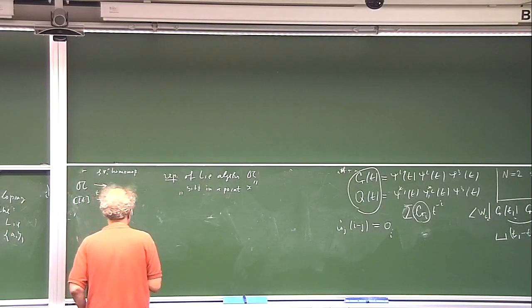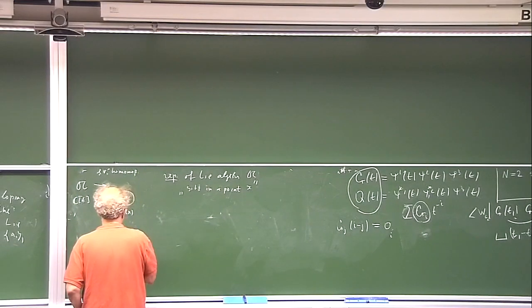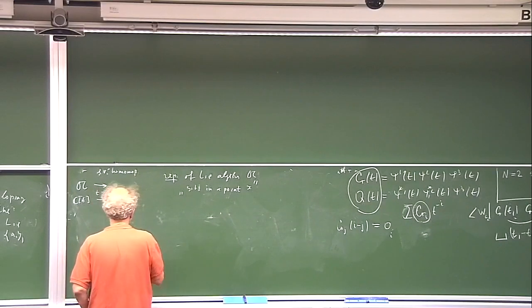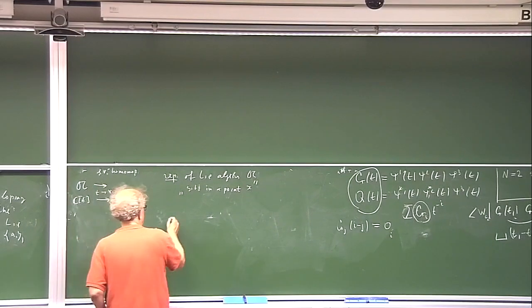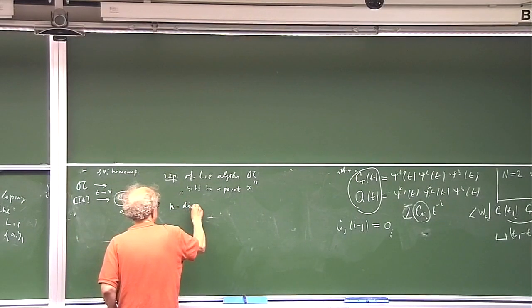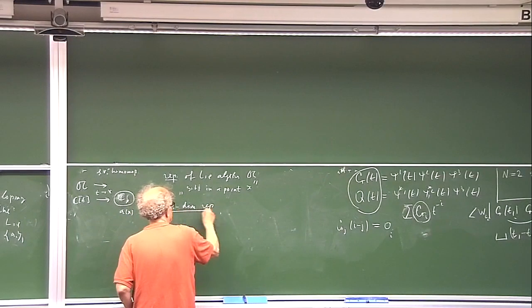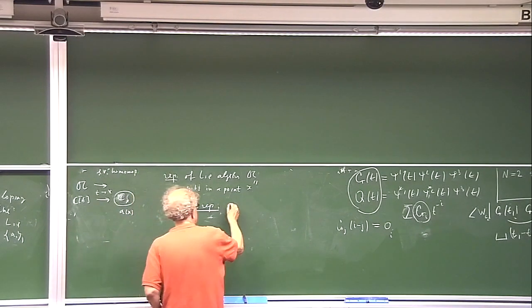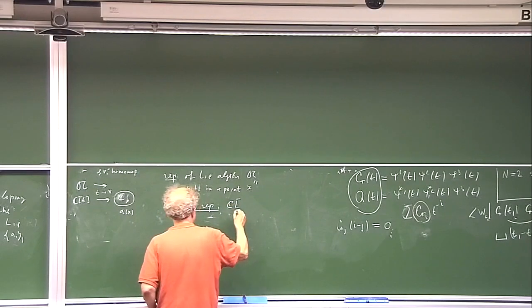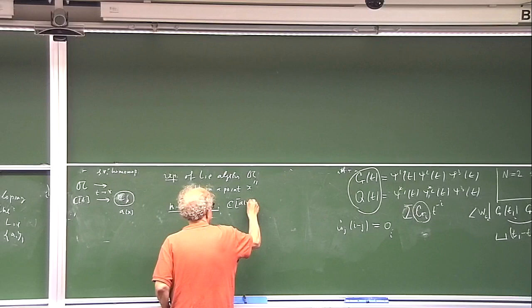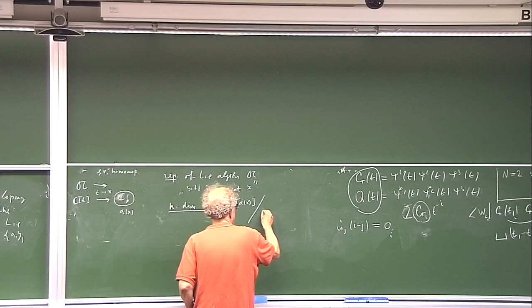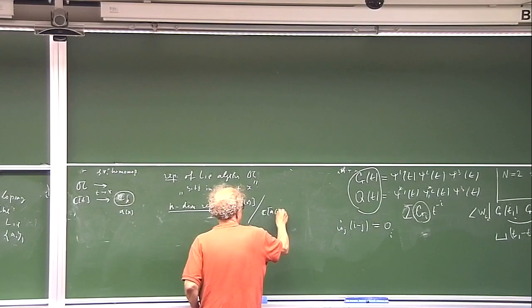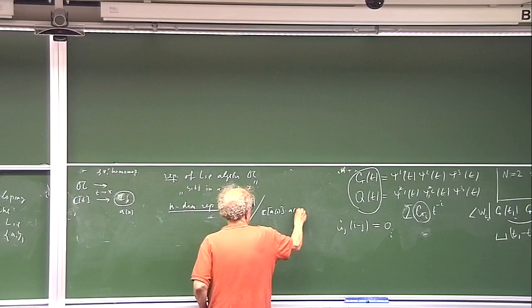For example, I can take as a representation of C_x an n-dimensional representation, which is C[a_x] over C[a_x] times a_x to the power n.